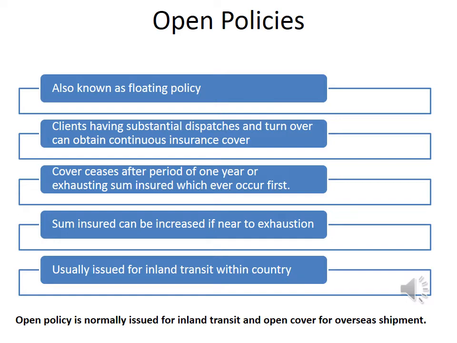Sum insured can be increased if it is near exhaustion. It is usually issued for inland transit within the country. So open policy is issued for inland transit, and open cover is issued for overseas shipment, import, export, etc. It is very important.